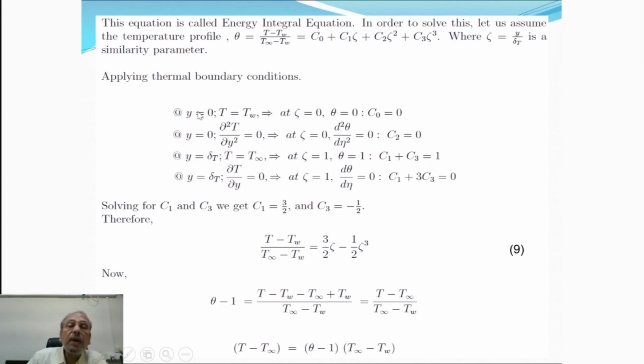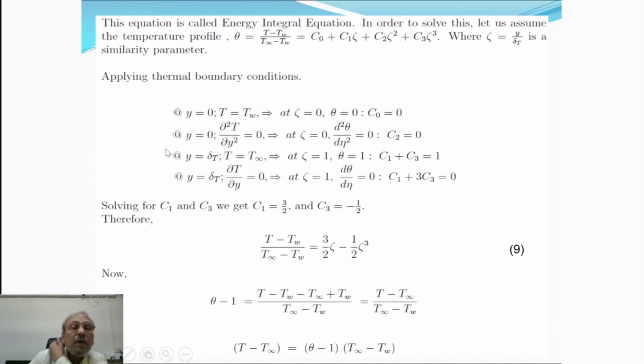Now at y equal to 0, we know T equal to TW, the wall temperature. That means at xi equal to 0, theta becomes 0, which gives directly C0 equal to 0.